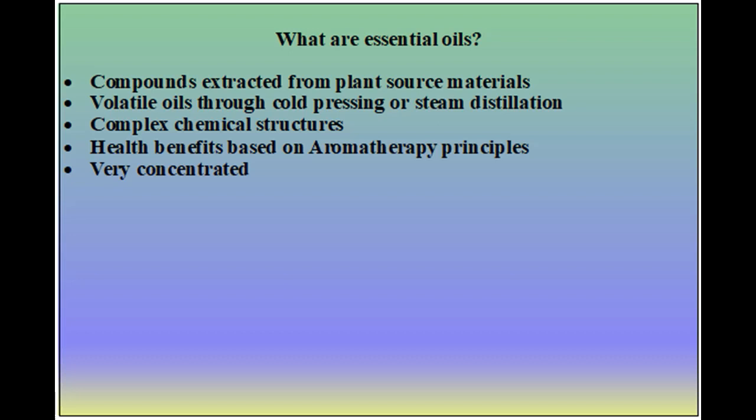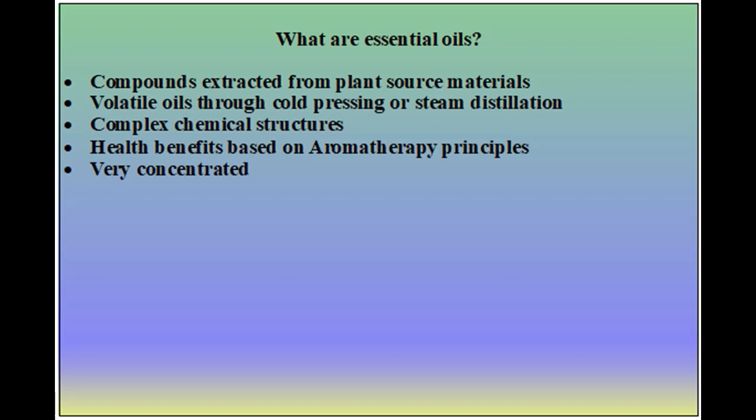There is another way called solvent extraction, and usually absolutes are extracted through alcohol or some sort of natural solvent. It's usually alcohol, and if you buy an organic absolute, they are always extracted through certified organic ethanol.